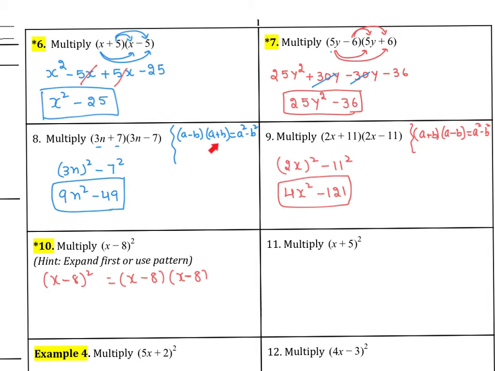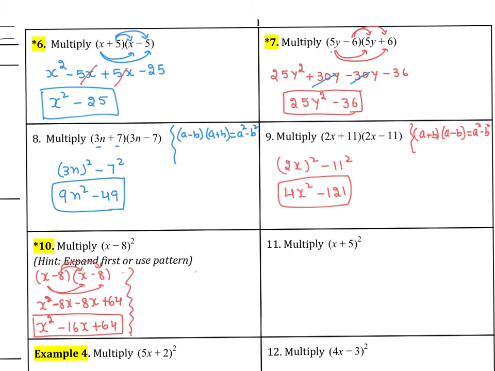But just remember, in this formula one of the binomials is positive, and in this one both of them are negative. So in this one, we can still use the FOIL method, or the special product formula. We can do that in both ways. So I'm going to use the two spaces to use both of the formulas.